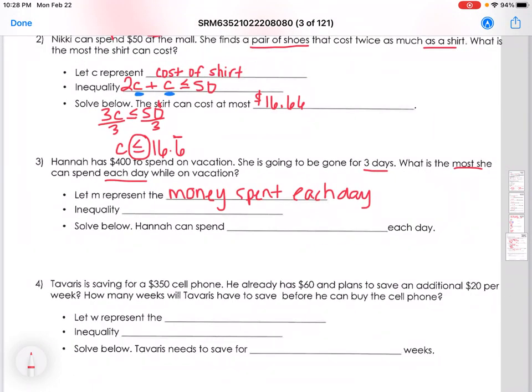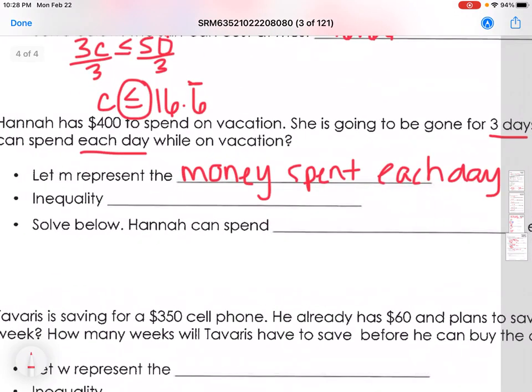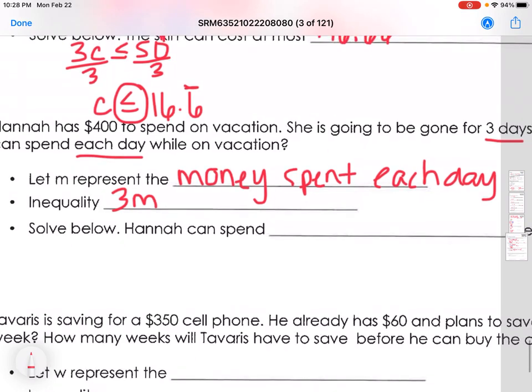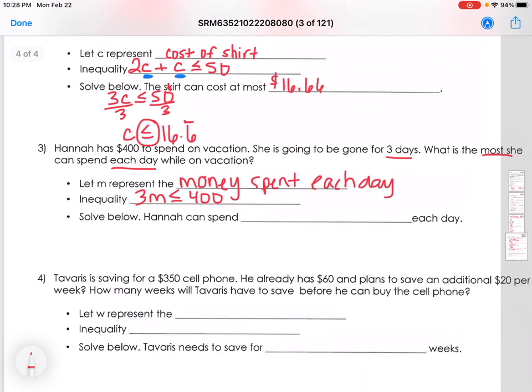And I know she's going to be gone for 3 days. So 3 times M must be less than or equal to 400, because she can't spend more than $400. She can spend $400, but not more. So then I just solve it.